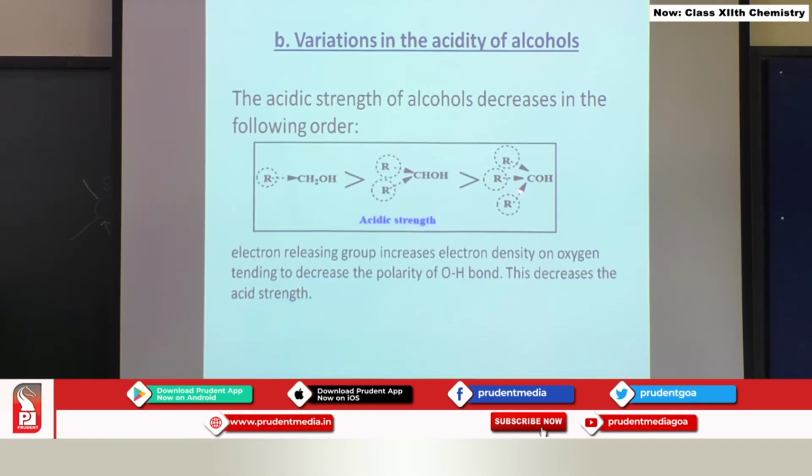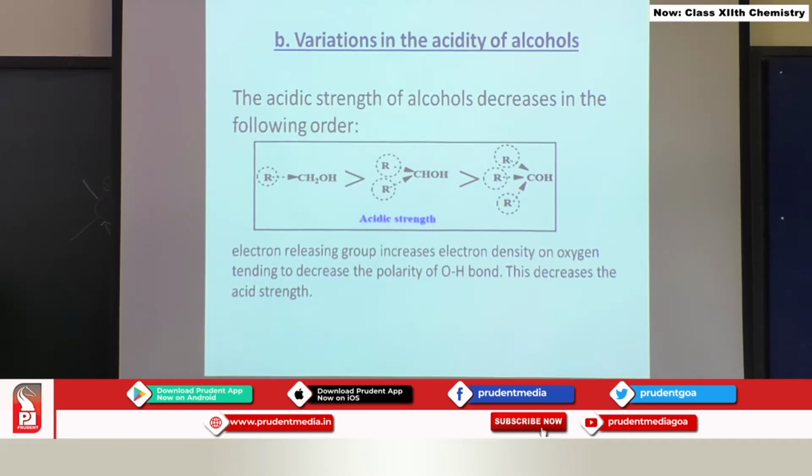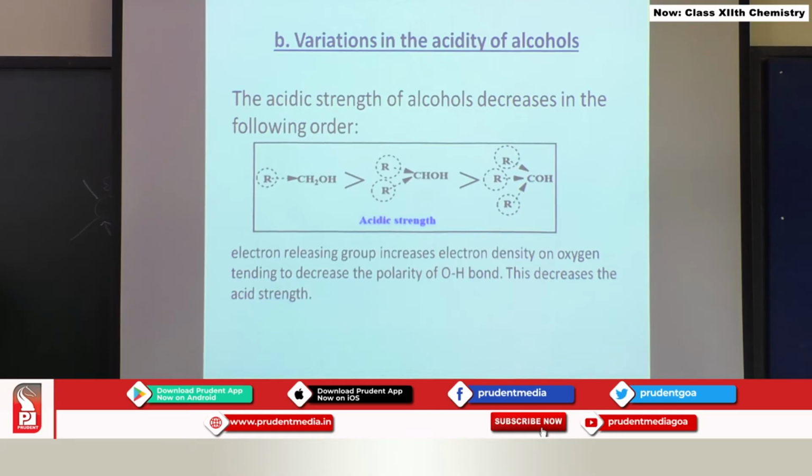There are 3 alkyl groups, and the plus I effect is also coming from 3 alkyl groups, which is going to increase electron density on this carbon to a greater extent, and thus again the polarity of the OH bond is still more decreased. Therefore, we can say that primary alcohol is most acidic, then the secondary alcohol, and then the tertiary alcohol.